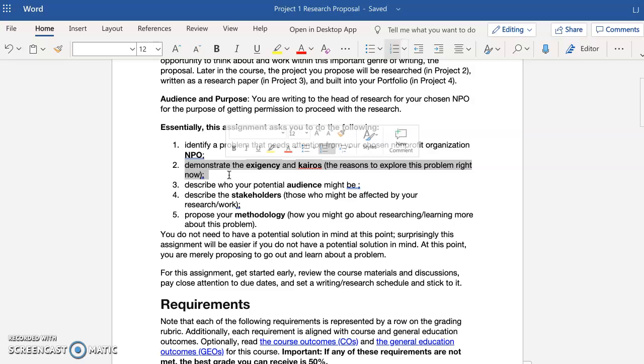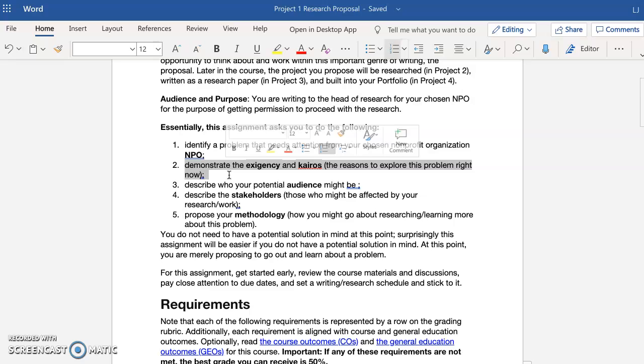You start looking into it, and you say the exigency is that farmers don't come forward for help because they're taught to be independent and tough, so they don't want to ask for help. That's your exigency, and you might have a kairos of something else. Maybe something just happened, and lots of farmers need legal help, or maybe something is about to happen, and farmers will need more legal help. Maybe there's more legislation coming down.